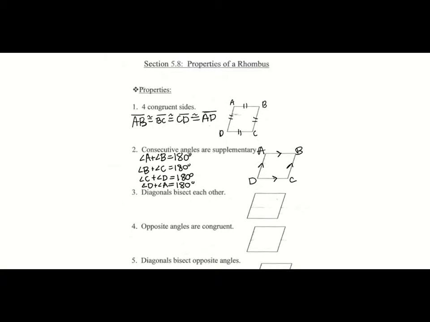Then we also know that the diagonals bisect each other. So if we draw our diagonals, let's try that one again. This side and this side are going to be the same, and these two sides are going to be the same because they bisect each other.